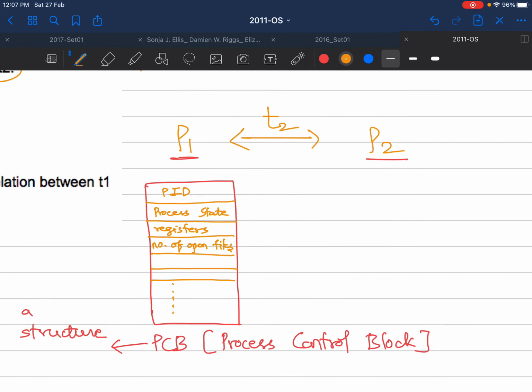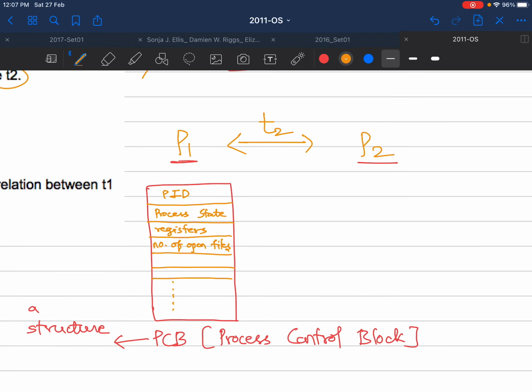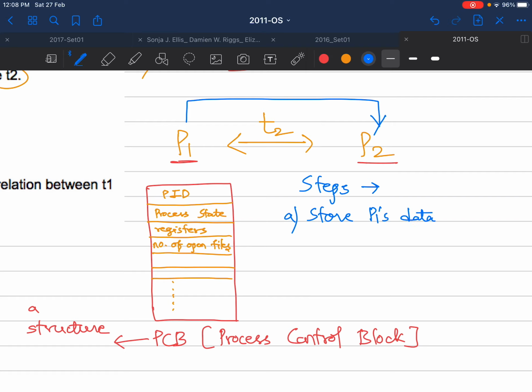Now when we have to switch from P1 to P2, what are the steps that are involved? First we have to store P1's data into P1's PCB.